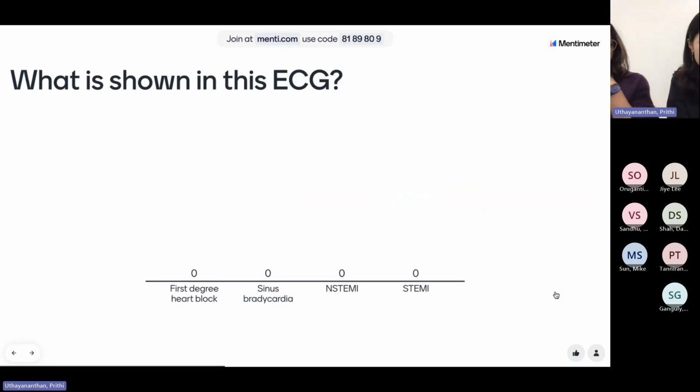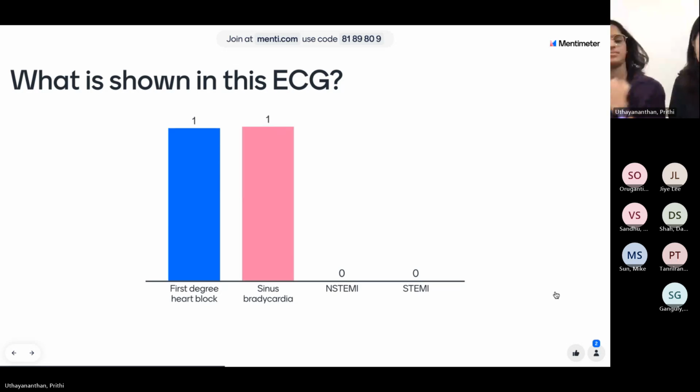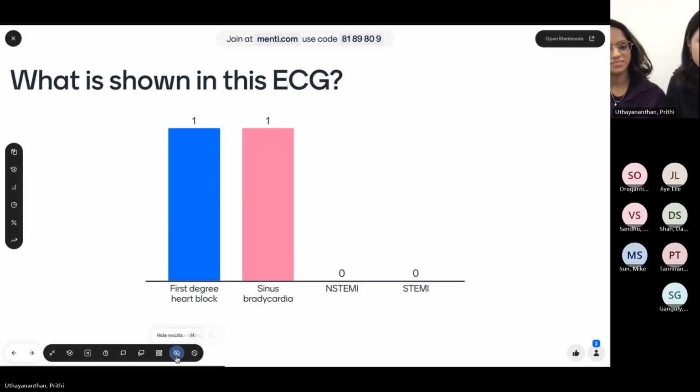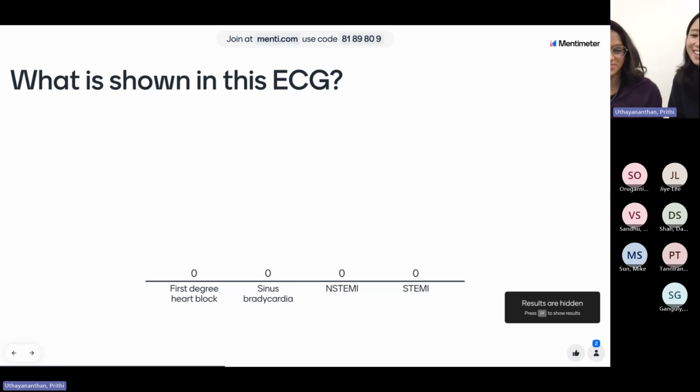So if you just look at the ECG and then... I feel like ECGs are really hard.